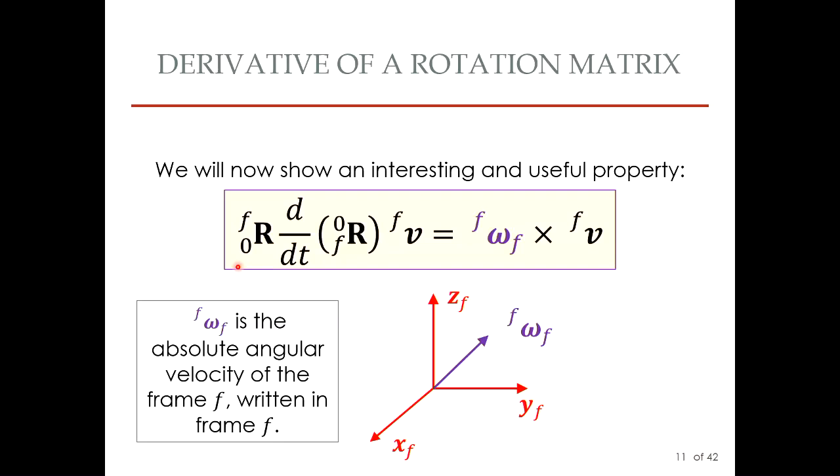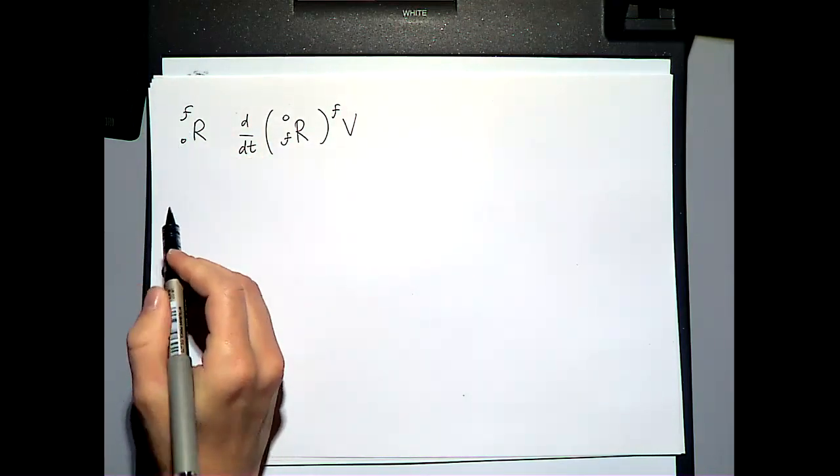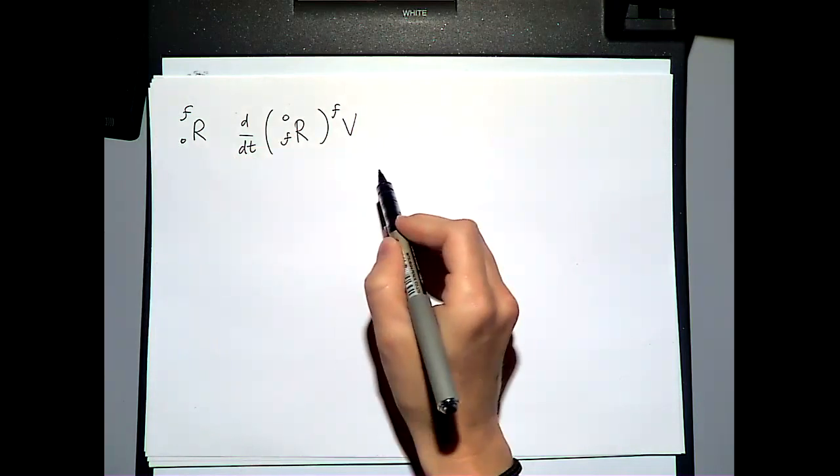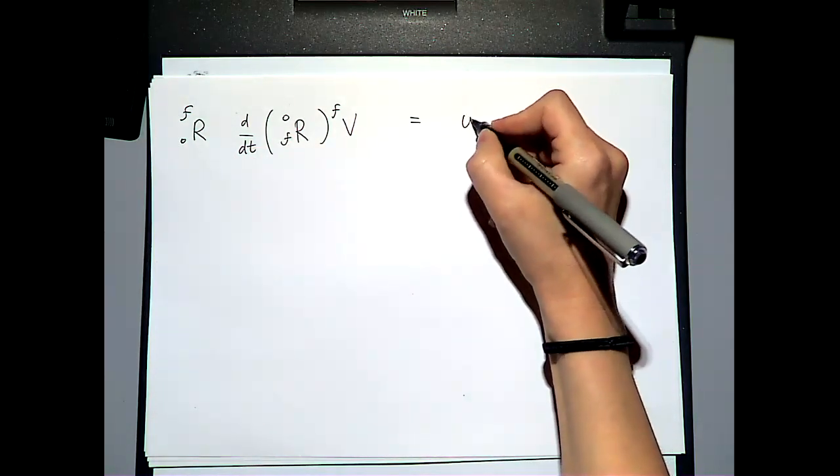I want to get everything in frame f. So what I just copied, multiplied from the left by the rotation from 0 to f. Okay, so I'll copy that again. 0 to f.